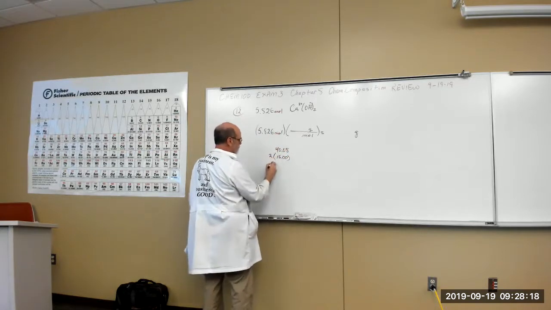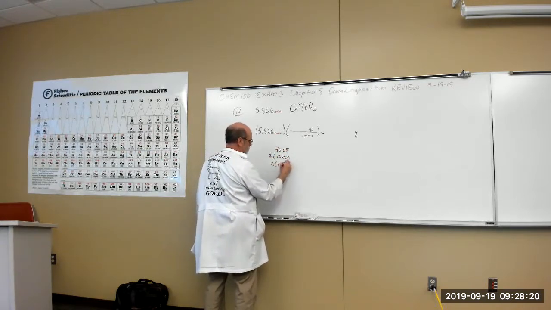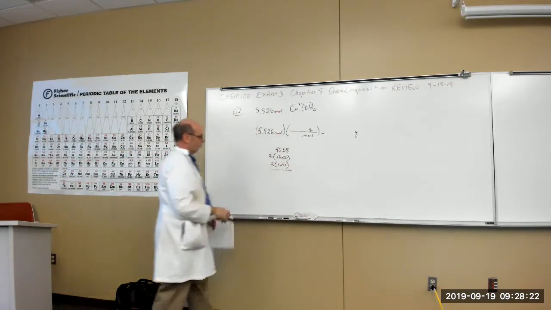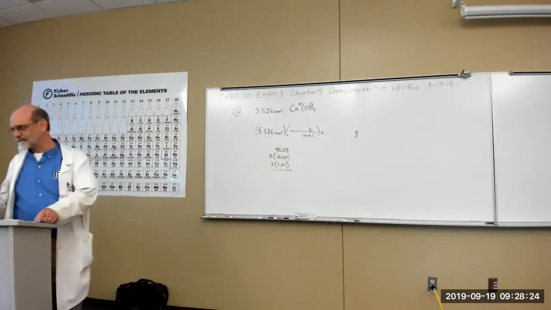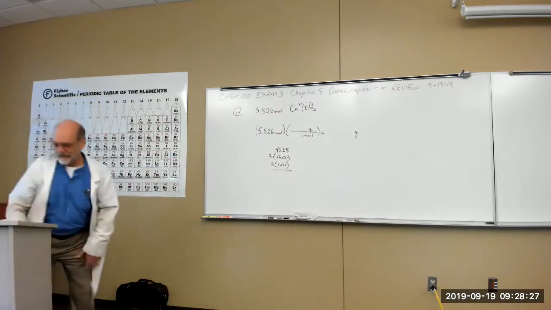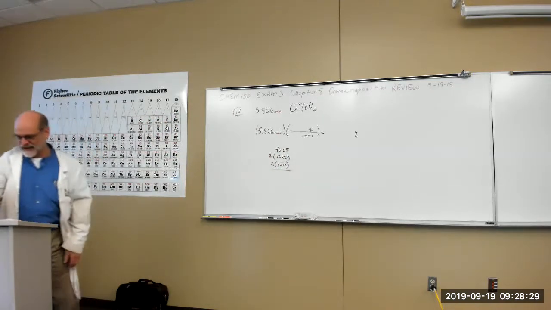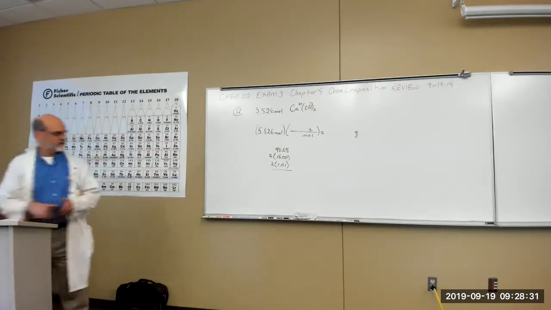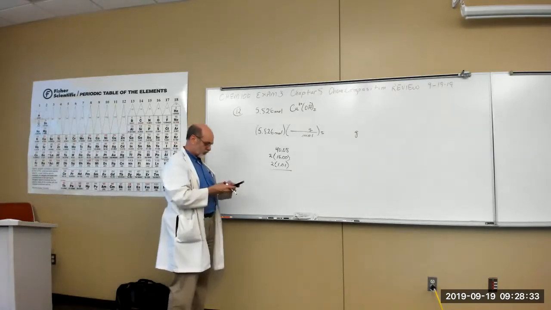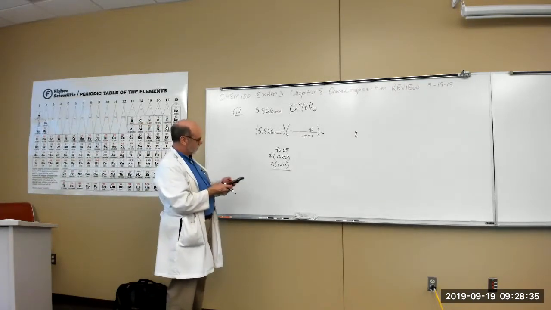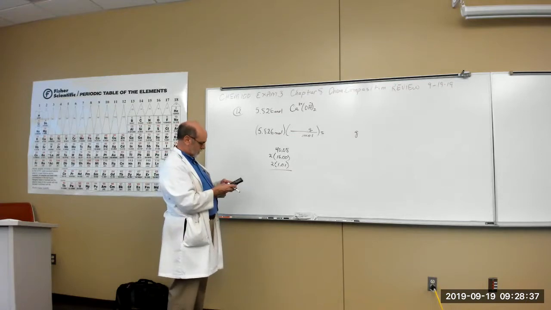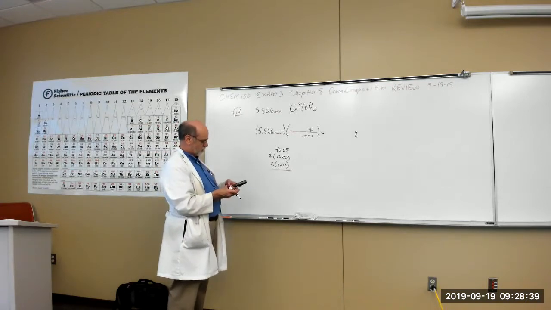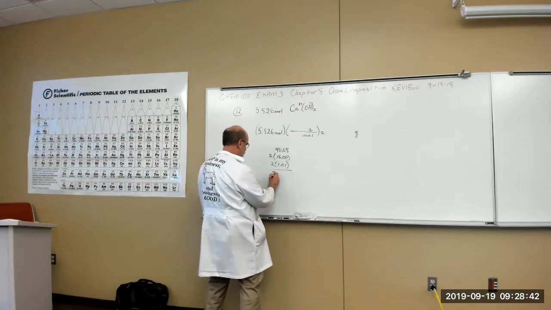And we have 2 hydrogens. There we go. Did I lose you? Okay. I look for visual cues. And 32 and 2.02. 74.10 is what I get.